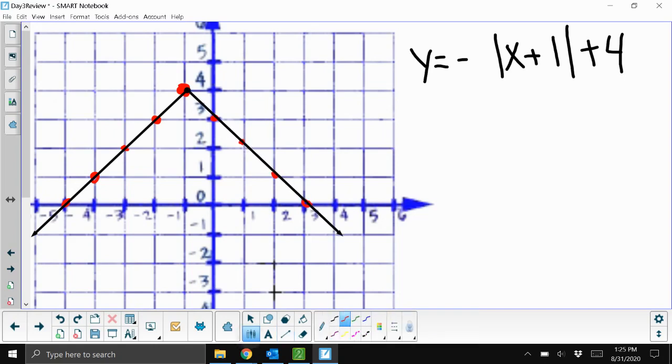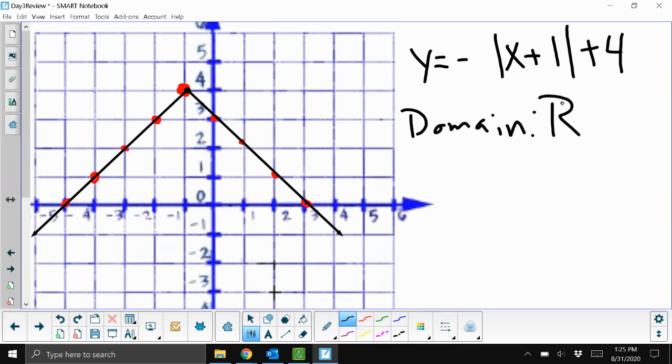All right, so what do you think the domain is? Exactly right, all real numbers. Now the range, again, on this one's a little different because it's opening down. So we have to say it has a high point, so y needs to be less than or equal to the high value, which is 4. All right, so not so bad.